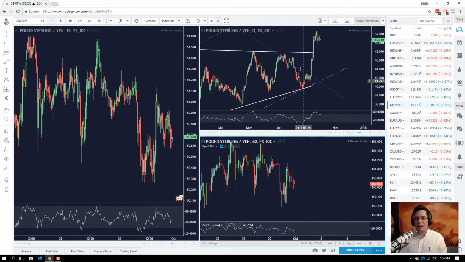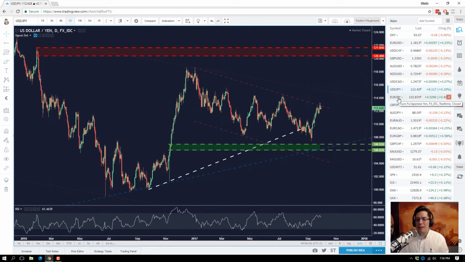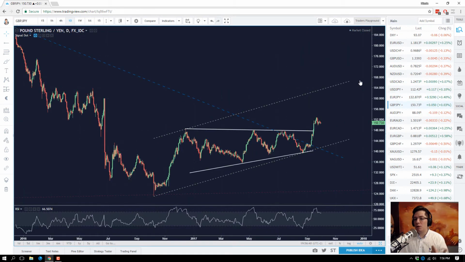Pound yen, after a nice spike higher, a nice break of the triangle, we stopped moving. Definitely it seems that we are waiting for the dollar yen to make that pullback and the euro yen before we continue to push higher. But while we hold this lower channel trend line, we should look for any ABC pullback to look for the long setups.